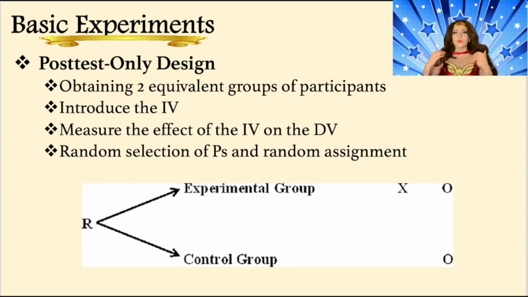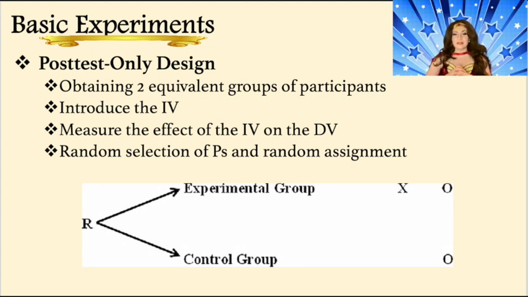Once you do that, you are going to introduce the independent variable. You're going to give them a particular dosage of the variable. You're going to have them participate in a certain activity for a certain period of time. Whatever your manipulation may be, you expose the participants to that level of the independent variable.